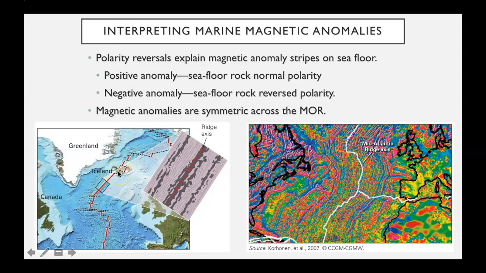Iceland is a country that sits actually right on top of the mid-Atlantic ridge. And here's the data zoomed in just south of Iceland, showing that ridge axis and the symmetry of the flips in the Earth's magnetic field. Really showing, indeed, that the rocks form at the ridge and move away from the ridge symmetrically. We can mark that time with these positive and negative anomalies.